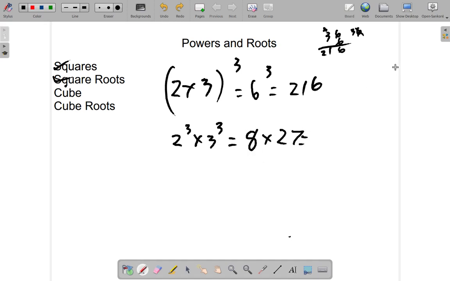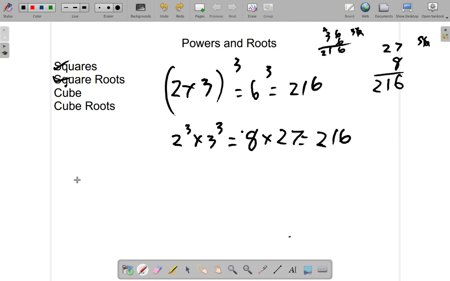What is 8 times 27? 8 7 56. Bring down 6, carry 5. 8 2 16. 17 18 19 20 21. So you have 216. So it's the same, 216. The thing is, any number you try it with, it will work. Alright? So we can take them out of the bracket and separate them. And it also works with square root, with squares.